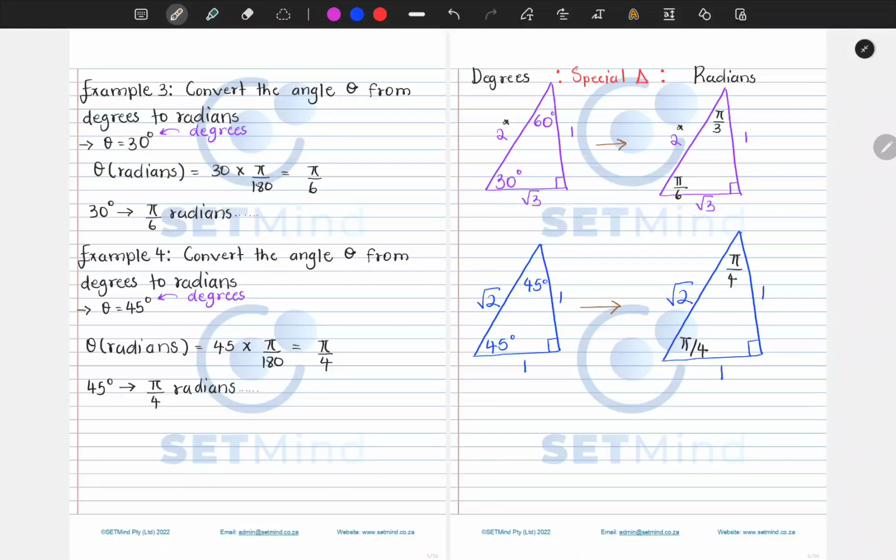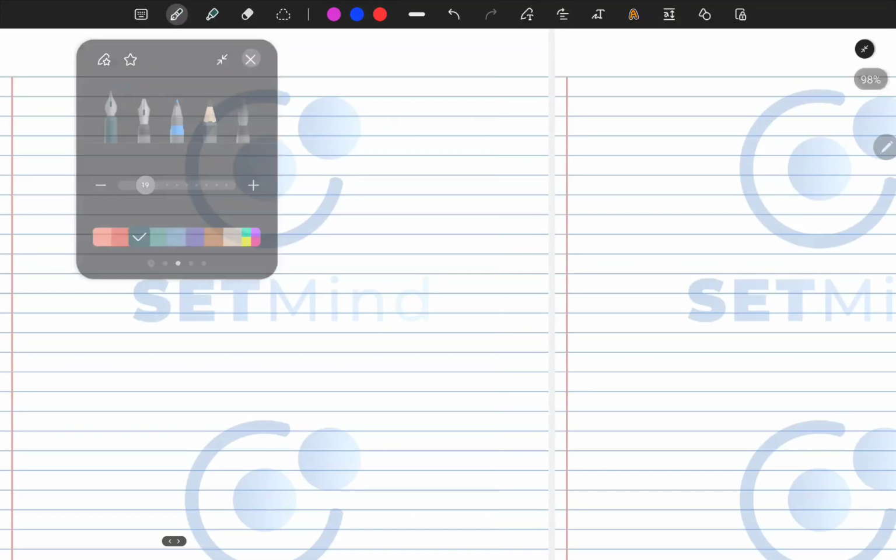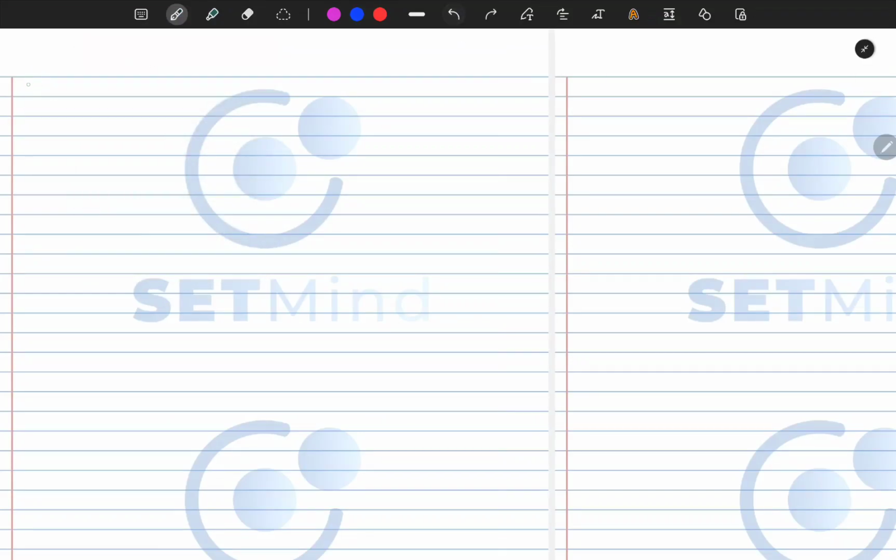The next thing we'll be looking at will be the CAST diagram. Some of you should remember this, but if you don't, it's okay. I will remind you.